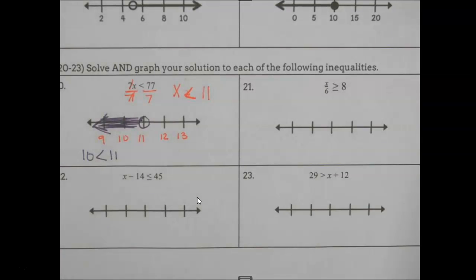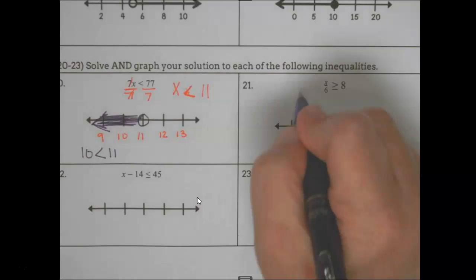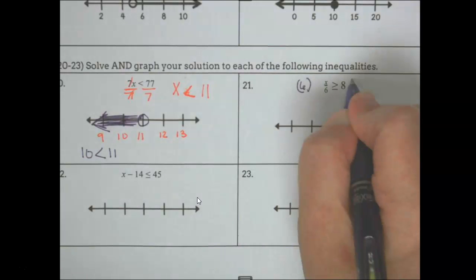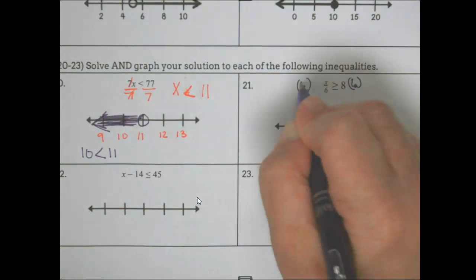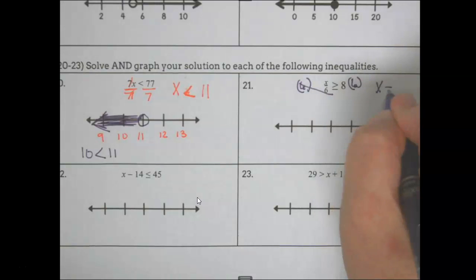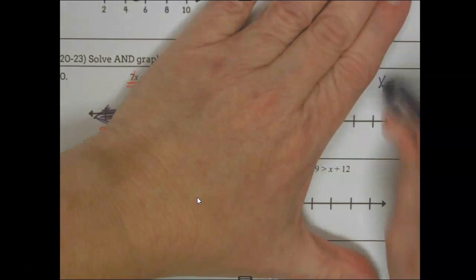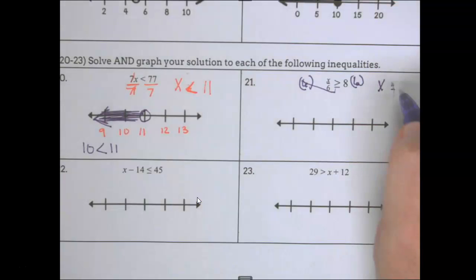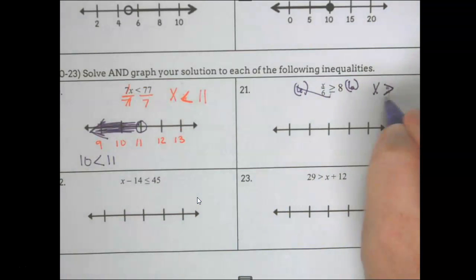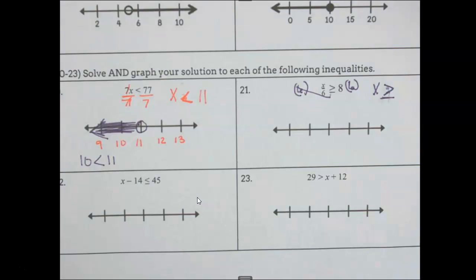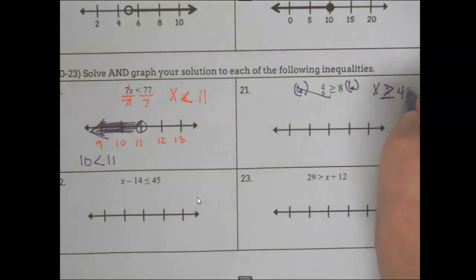This is a division. The inverse of division is multiplication. So multiply 6 on both sides. And I am using an inequality, keeping the inequality sign the same. 8 times 6 is 48.